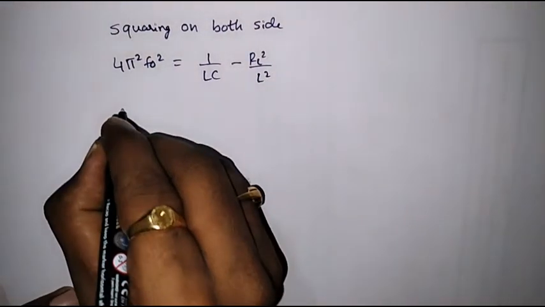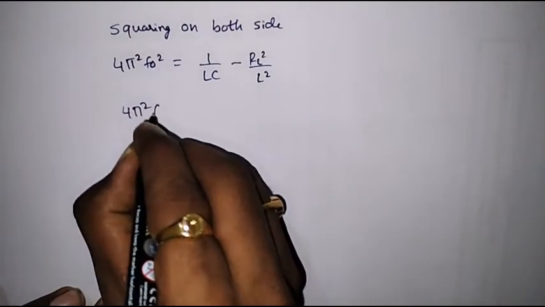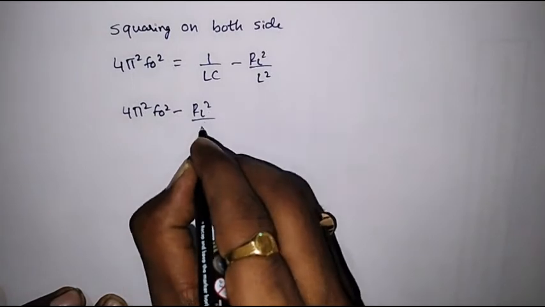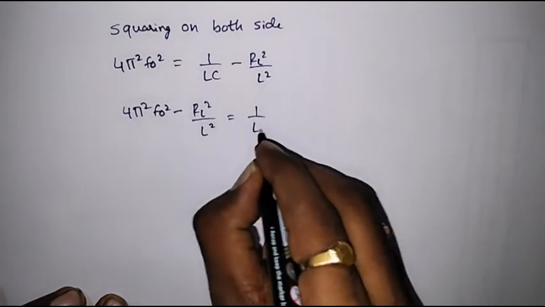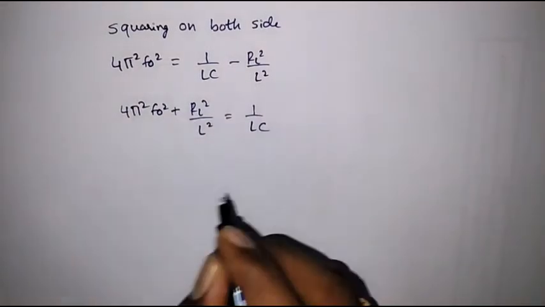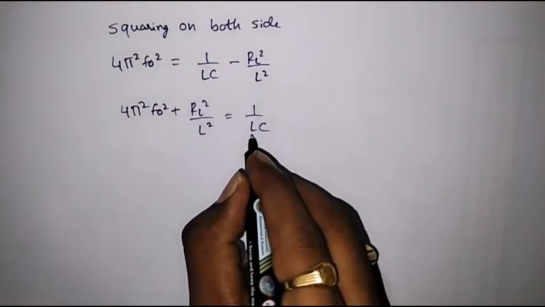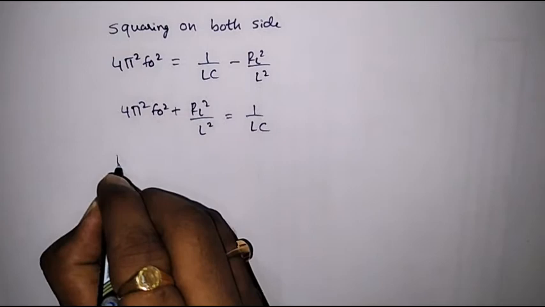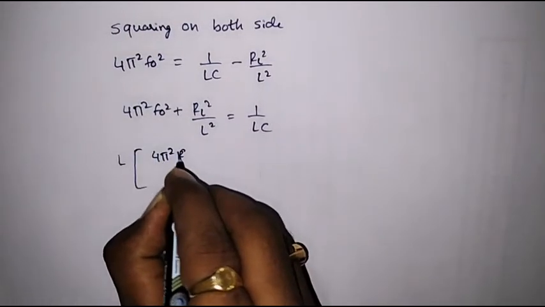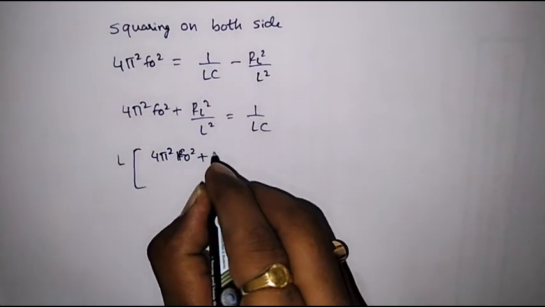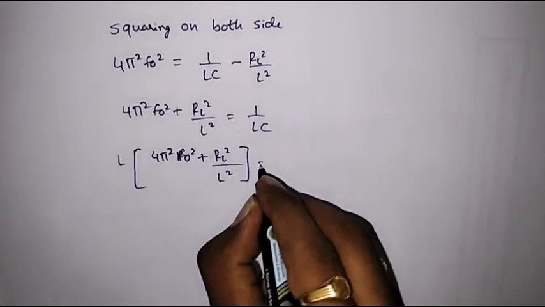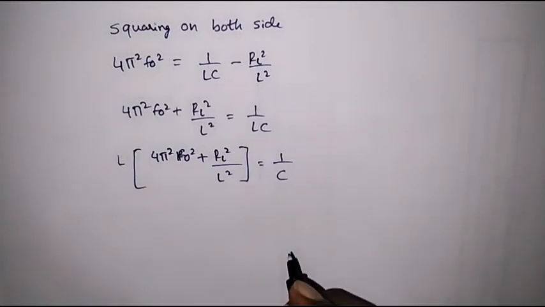We simplify this further: 4 pi square F0 square plus RL square by L square. I'll take L on the left hand side. I can write it as L in bracket 4 pi square F0 square plus RL square by L square is equal to 1 over C.